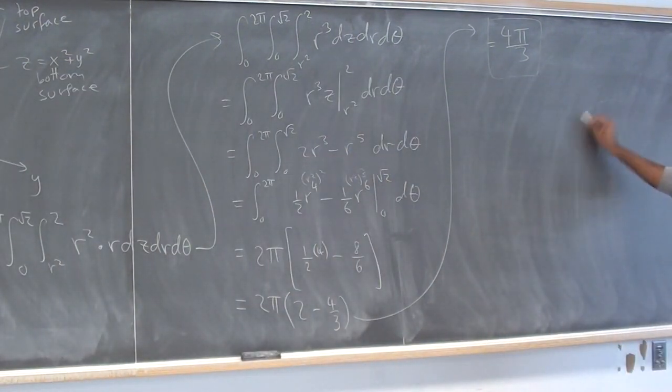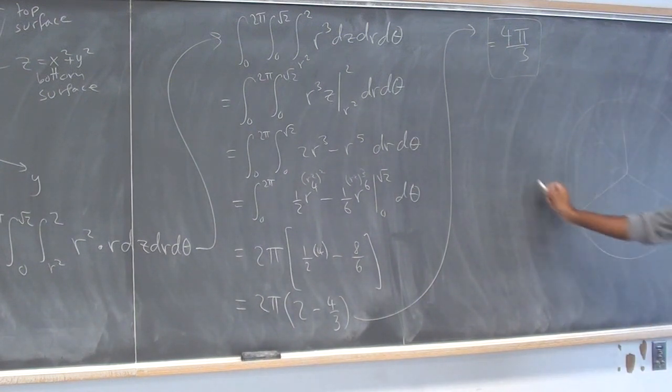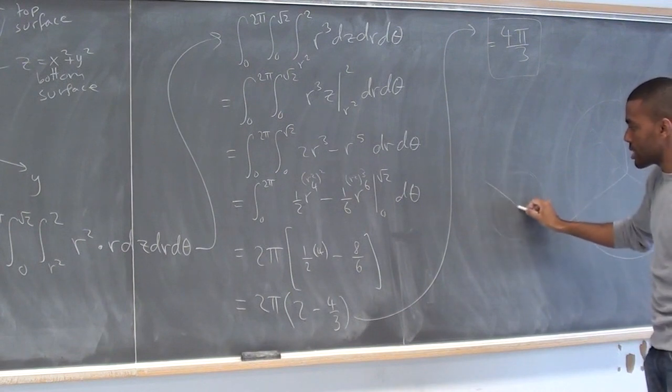You can practice this. I might give you something like a sphere, but instead of intersecting a sphere with a paraboloid, I might give you a sphere with a cone. And then I might make the solid this region under here, or only that region above here, or put the cone on the side.